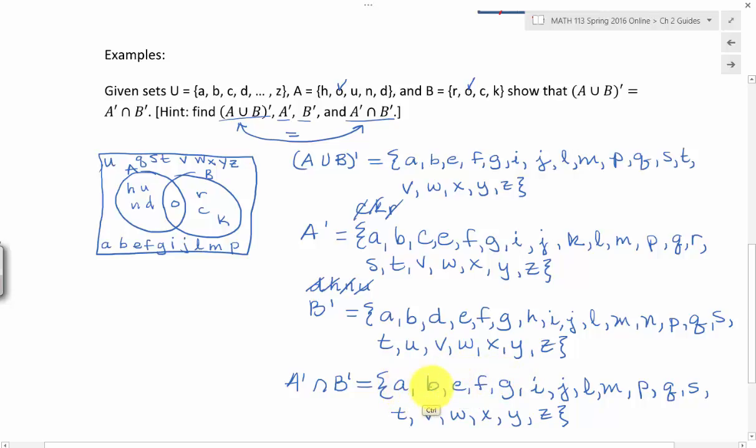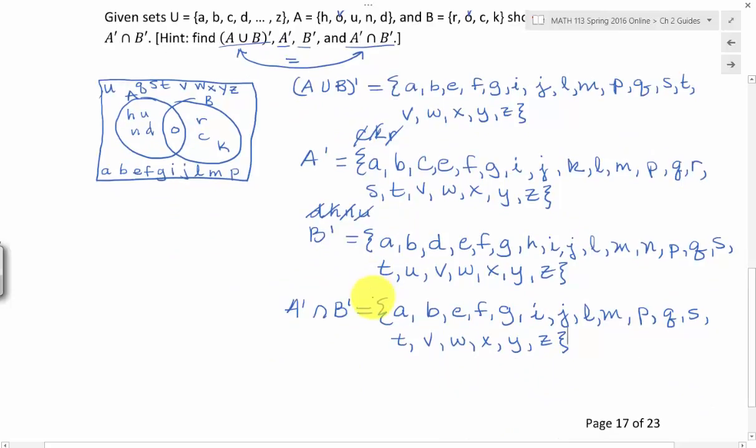So I have A on both, B on both, E, F, G, I, J, L, M, P, Q, S, T, V, W, X, Y, Z. So what I've shown then is for this set that A union B complement is equal to A complement intersect B complement. So I've shown that actually works.